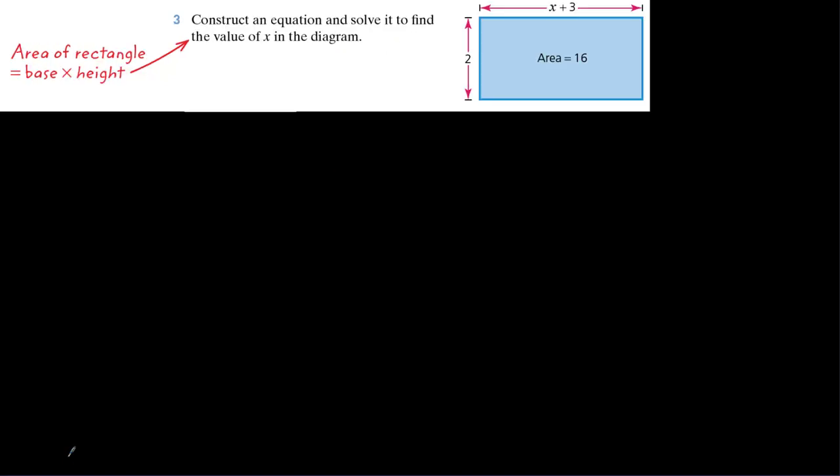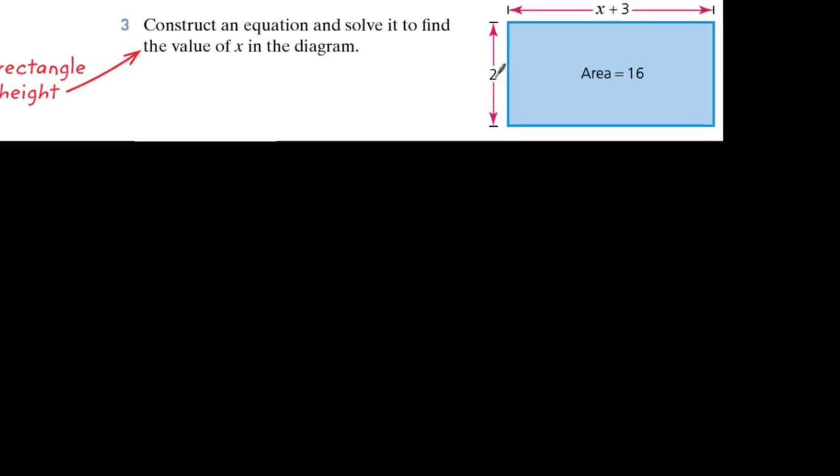Okay, now we are going to continue with the third question. Here we need to understand constructing the equation and solving it to find the value of x in the diagram, and the area is given. You know the area of the rectangle is base times height, which is x plus 3 times 2 here.